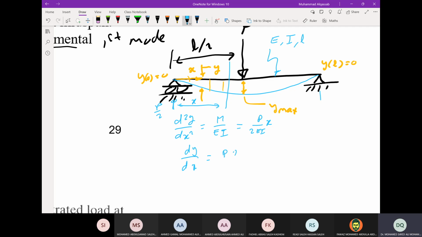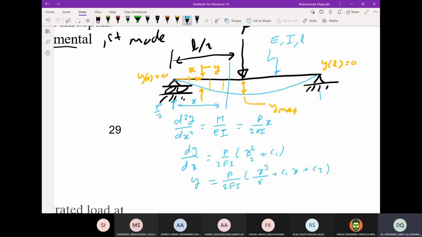You can take P over 2EI outside. This will be x squared over 2 plus C1. And then you do the integration again. This will be P over 2EI times x to the power 3 over 6 plus C1 x plus C2.